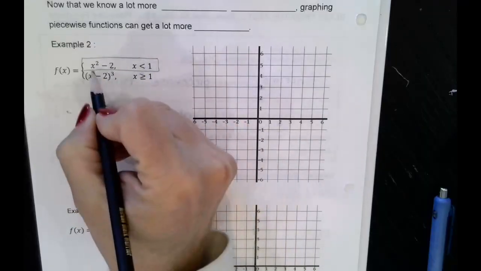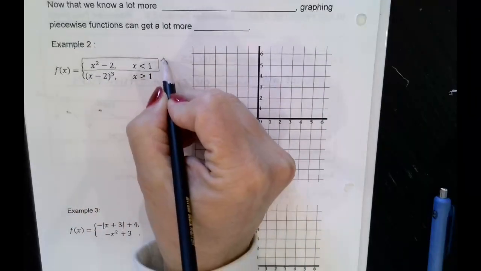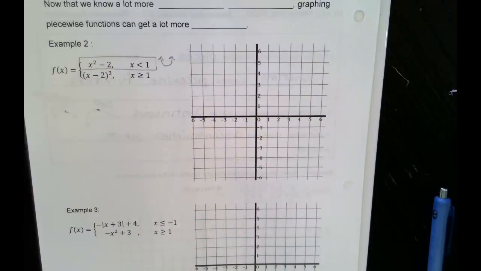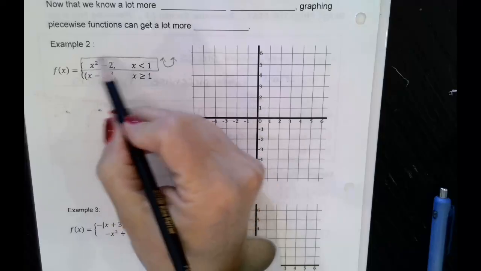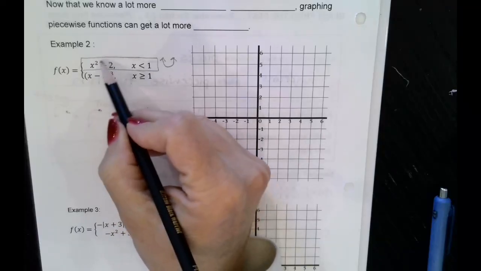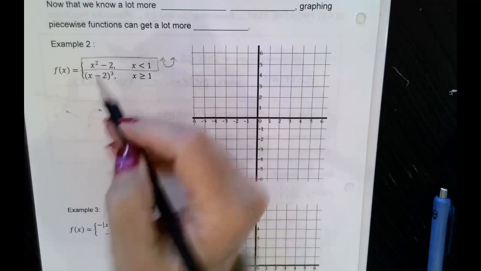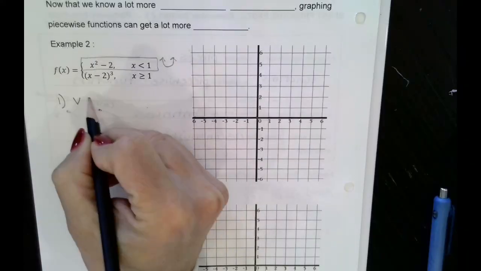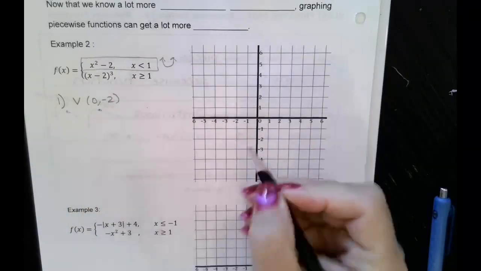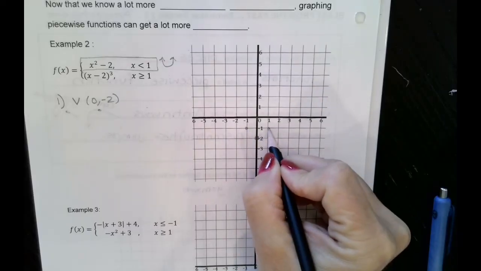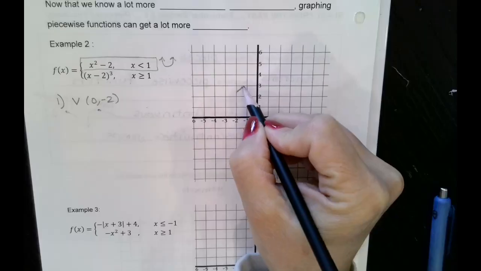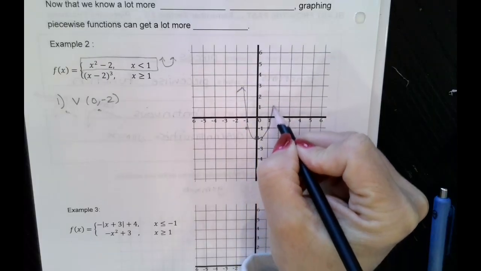And this value of a is positive, so I know that that is going to look like a U. All right, so I'm going to graph this in this form. So this is my first function, my vertex here is (0, -2). So I have this point right here, and I know that I'm going to go up 1 on both sides, and I'm going to have this U-shaped curve like this.